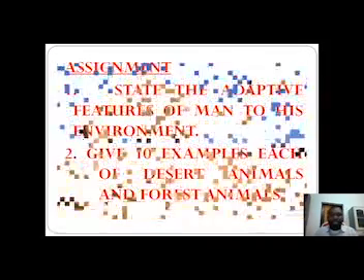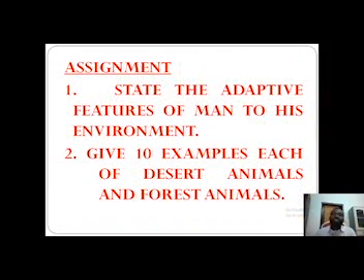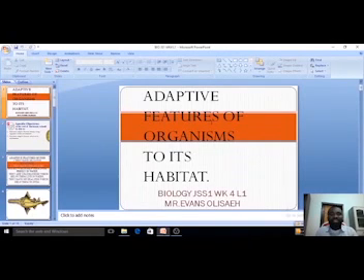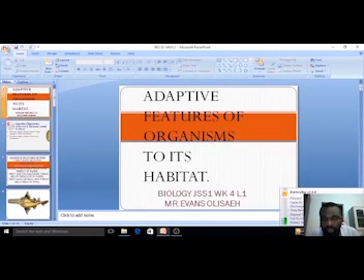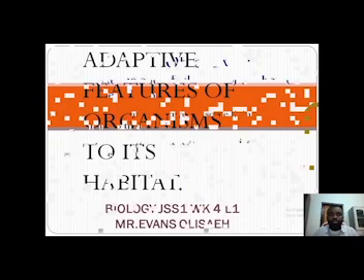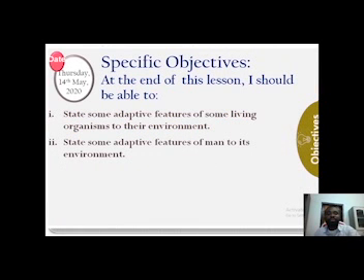Now look at my assignments for you. State the adaptive features of man to his environment. Remember, that was supposed to be our second specific objective. State some adaptive features of man to its environment.